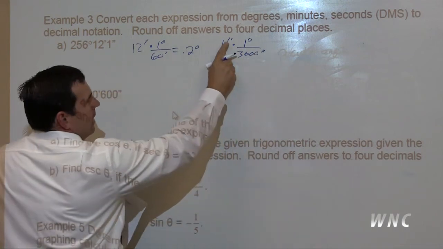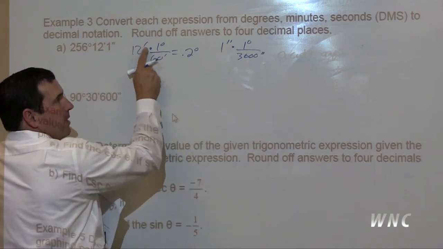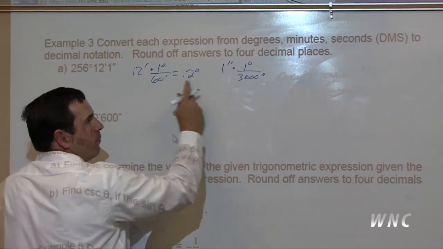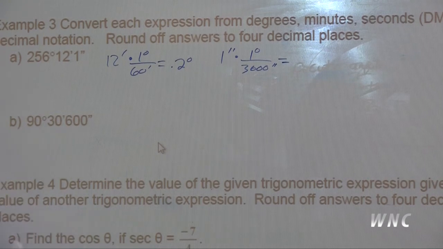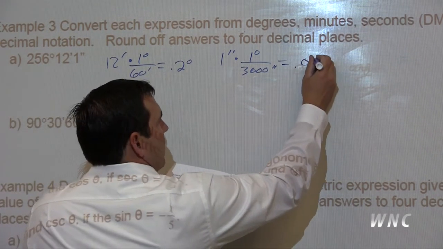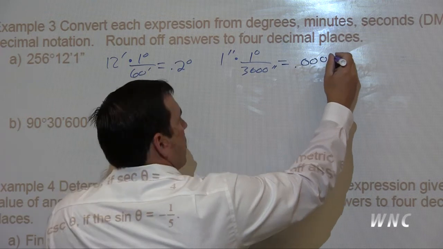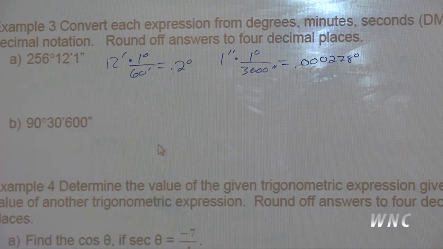And notice seconds on top, seconds on bottom. They're going to cancel. Before I had minutes on top, minutes on bottom. They cancel. So I have 1 second, and that comes out to be 0.000278 degrees. Now they told us only go to 4 decimal places.